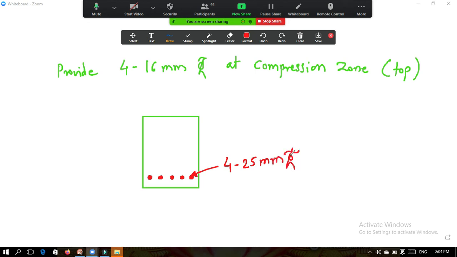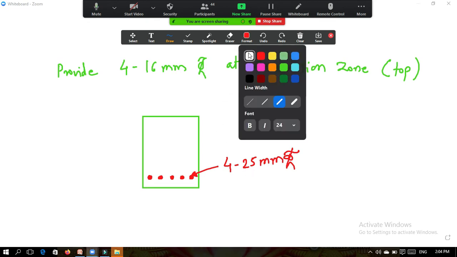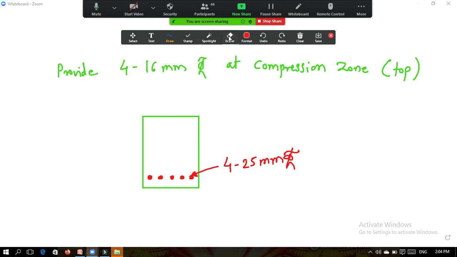If anything is wrong, please correct me at that time only. Check the values. A student says there are 5 bars.